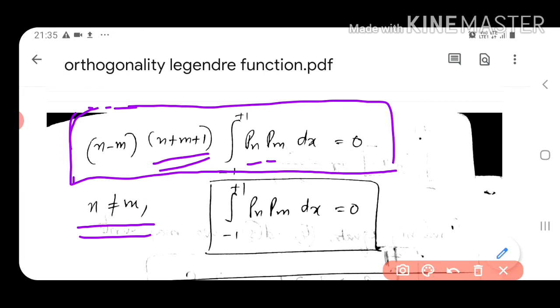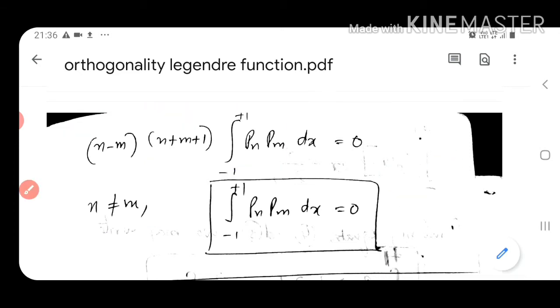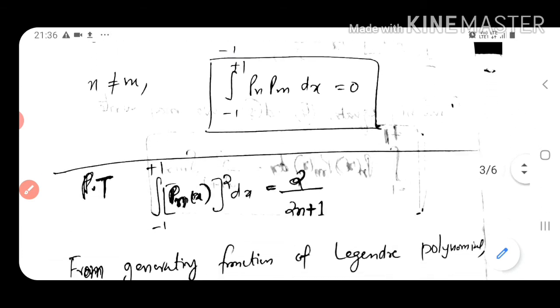If n is not equal to m, this will not be 0. So we have the integral from -1 to +1 of Pn(x) Pm(x) dx equal to 0. So the first part is solved. Actually the orthogonality is solved. The Legendre functions are orthogonal.